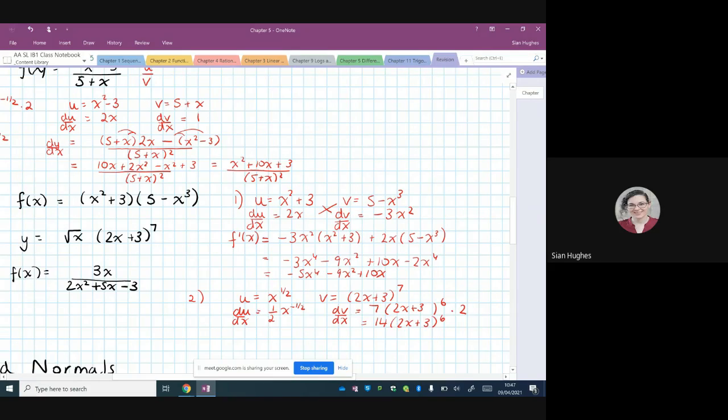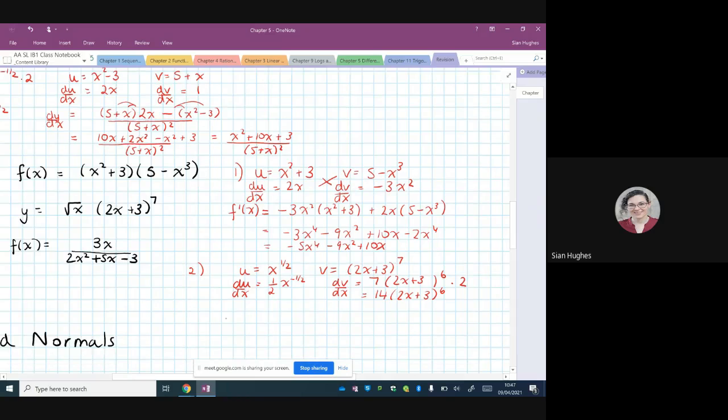And we get this. And then now our product rule, dy by dx would be u dv by dx. So I would probably write it in this order, although you won't lose marks if you do it in a different order, plus v du by dx. And we've done with that one.